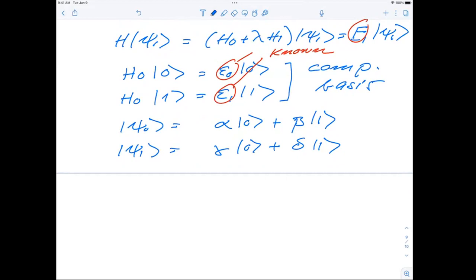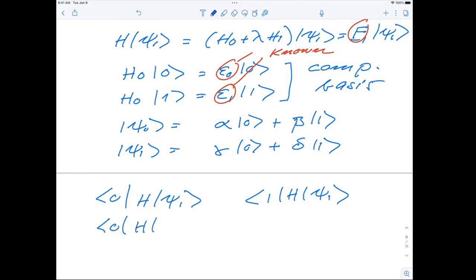So if we now look at the Hamiltonian problem which we have, if I take H of psi 1, I can multiply from the left with 0. I can do the same thing, H times psi 1, and the same with H of psi 0, and 1 of H times psi 0.